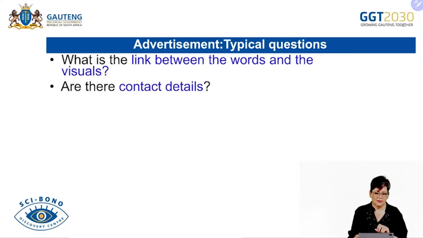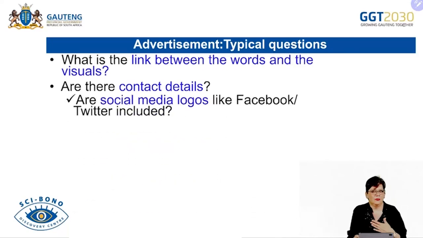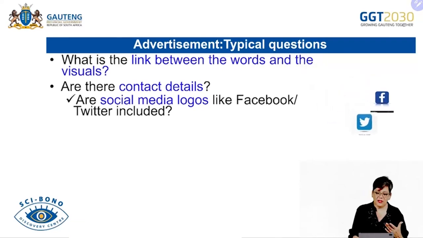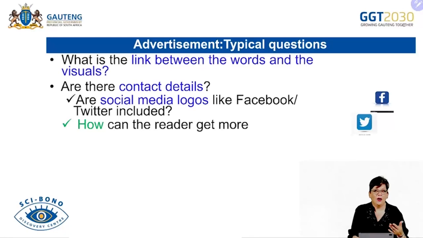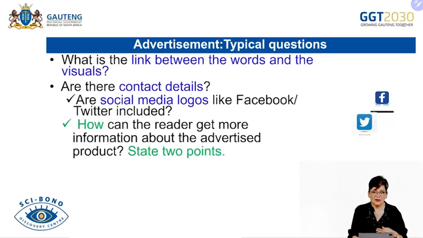Contact details. What have they included? Are the social media logos available? And you have to be on the lookout for these little guys, Facebook and Twitter. How can the reader get more information about the advertised product? This is the question we love to ask you.